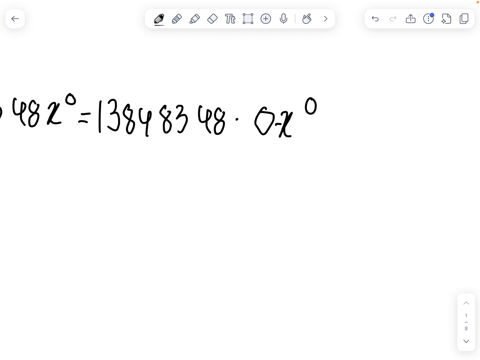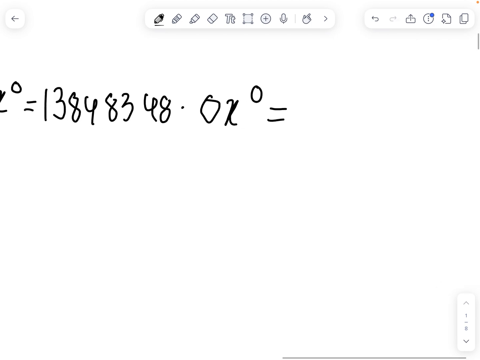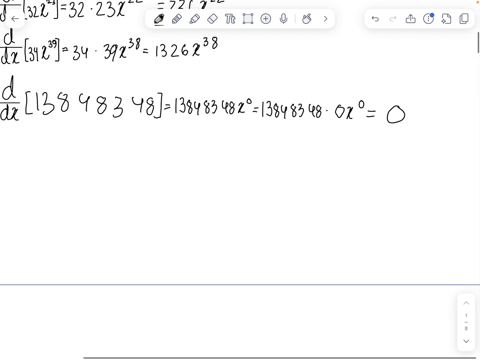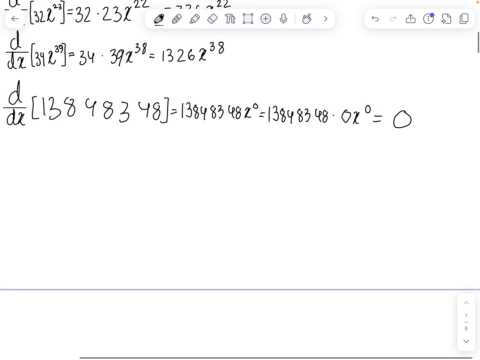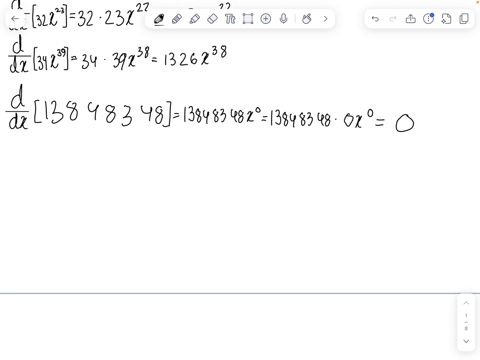Since there is a 0 here, everything that you multiply by a 0 becomes a 0. So this just becomes 0. Basically, the derivative of any constant value is always going to be 0.